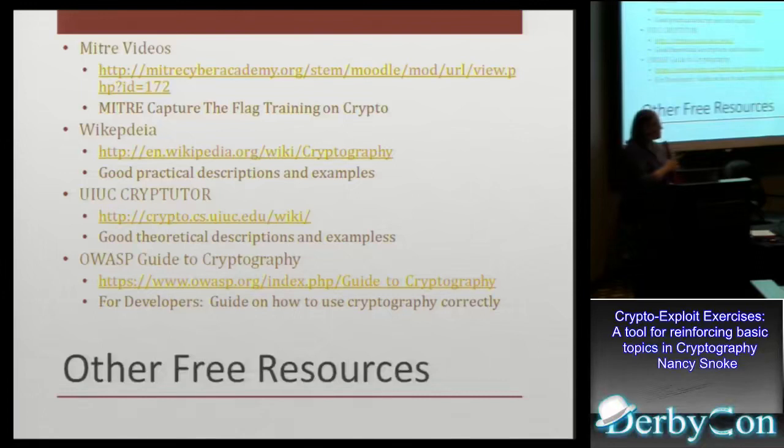That's where I took the course I took on cryptography. That's a public website, and they have very good descriptions that explain the concepts. And if you're a developer or an IT person and you want to know how to use cryptography correctly, I can strongly recommend the OAuth's Guide to Cryptography as probably the best guideline there.